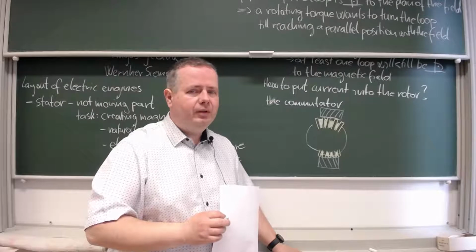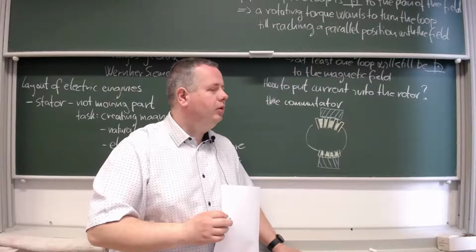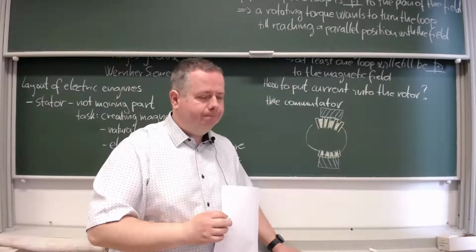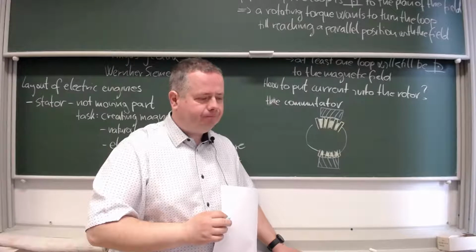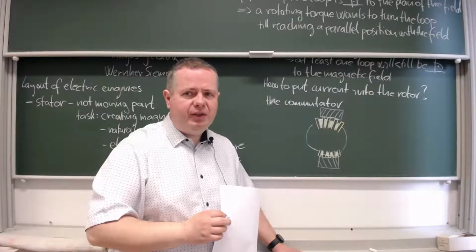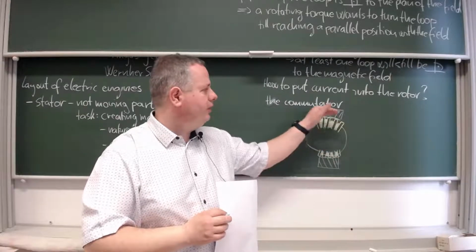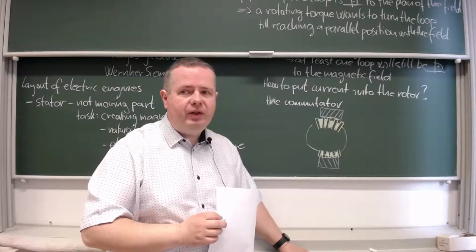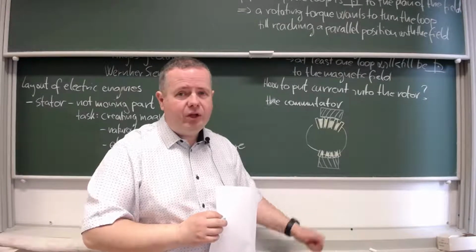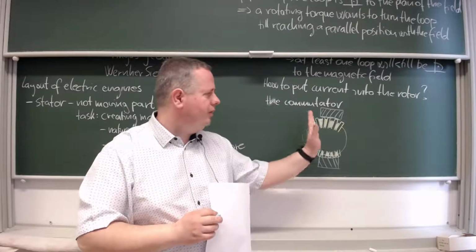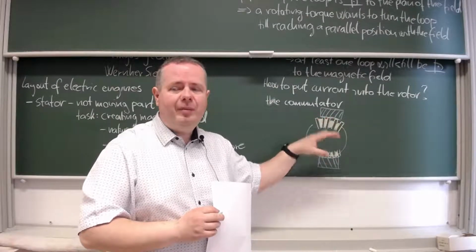Okay? The carbon can transmit the electricity, and through its surface, it transmits the electricity to a certain number of wires. Not to just one wire loop, but let's say to 4, 5, 6, depending on the width and depending on the diameter of the commutator.